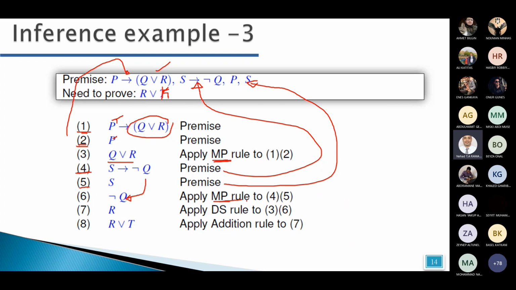Using also the modus ponens rule. Okay, look here. We have not Q here, and we have this statement here.